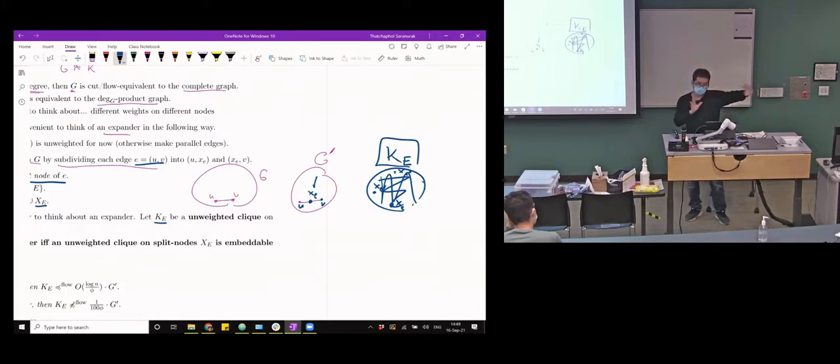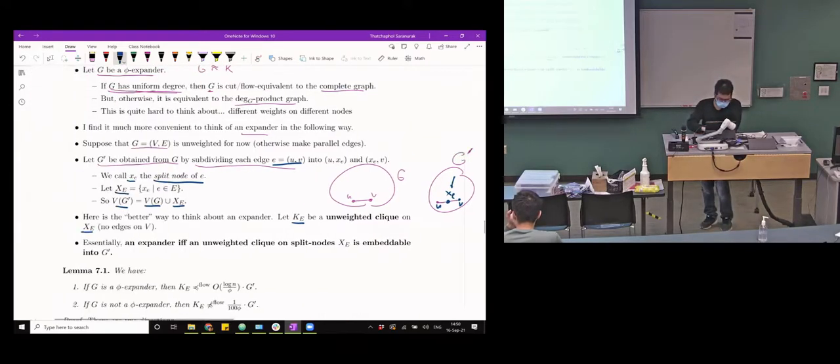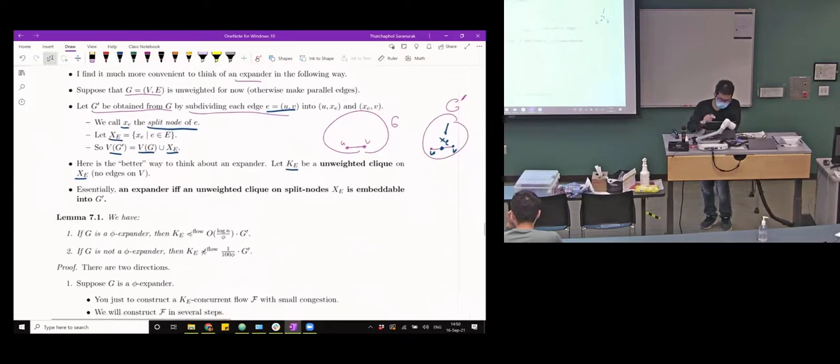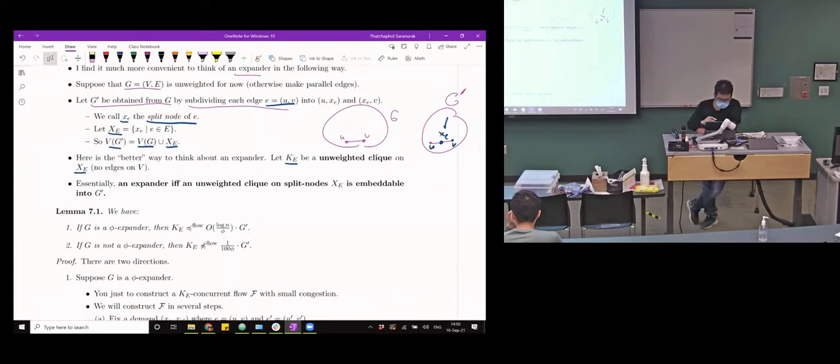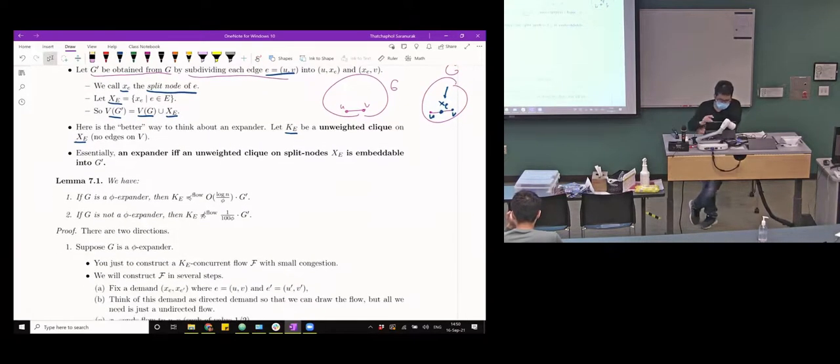It's not just some product graph. It's a complete unweighted graph. Now I will just state it actually, but we can prove it maybe. I will prove it tomorrow because I don't have time.